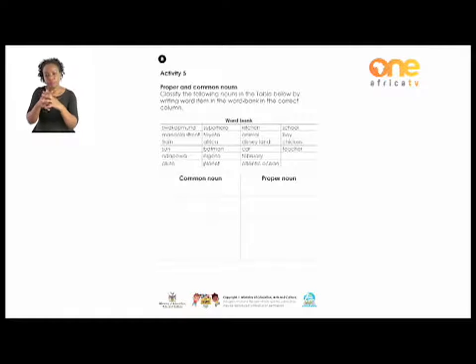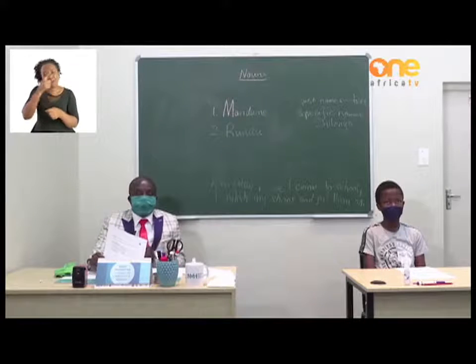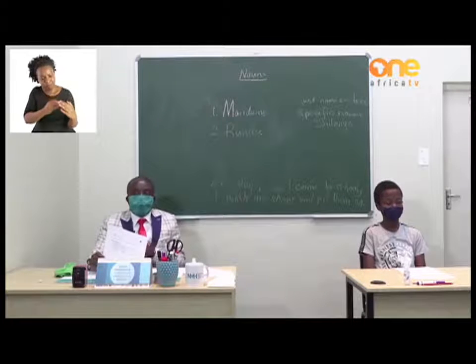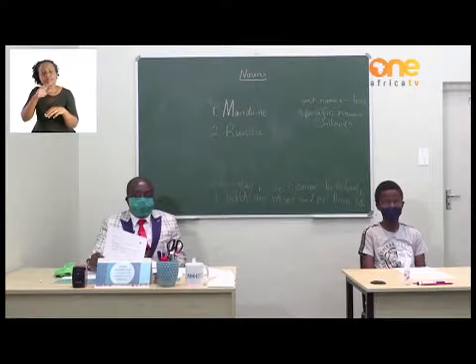where we have such words as Swakopmund, superhero, kitchen, school, etc. Now the question is saying, you classify those words as common nouns or proper nouns. Remember, we said proper nouns always begin with a capital letter, like Swakopmund, which is a town.